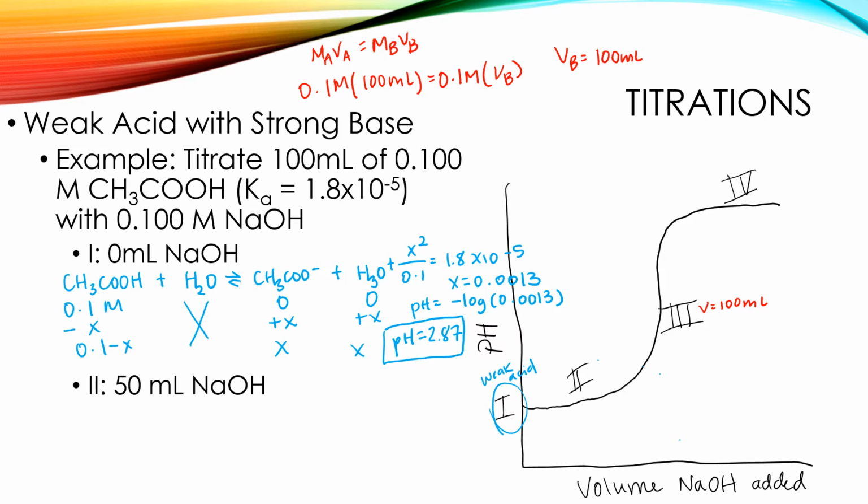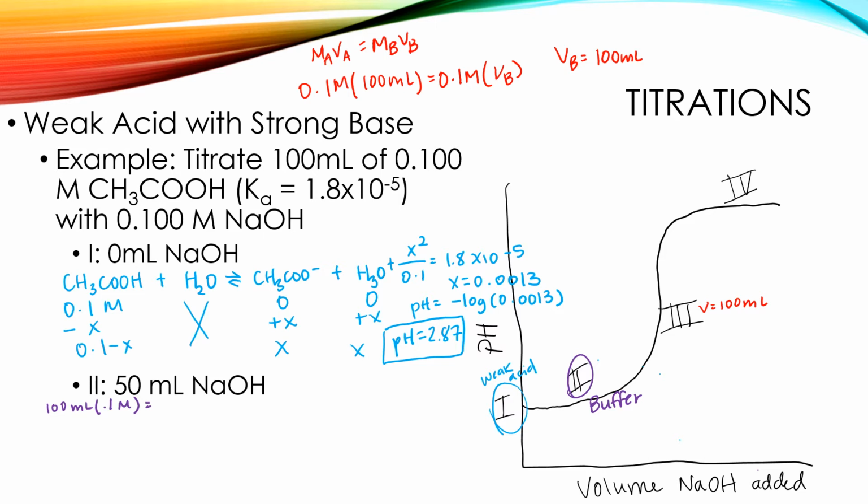Now, in region 2, I expect to have a buffer because I am going to have both weak acid and its conjugate. So the first thing I have to do is determine how much of each of them I have. I have 100 milliliters of 0.1 molar acid.